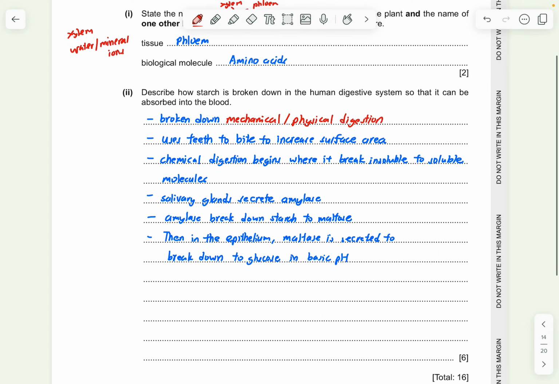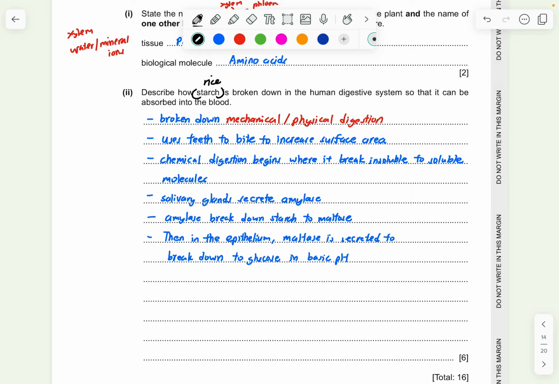Now, describe how starch is broken down in the human digestive system so that it can be absorbed into the blood. Firstly, you must know that whatever we eat is always in the form of food. Let's say it could be rice, which is a starchy food. When rice enters your mouth, first thing, it won't be straight away swallowed.